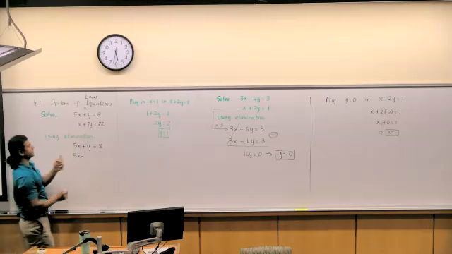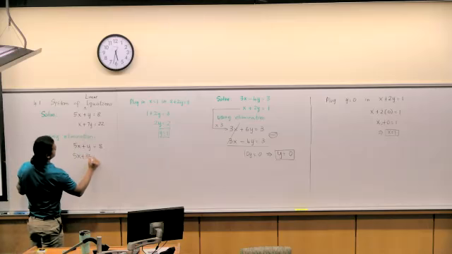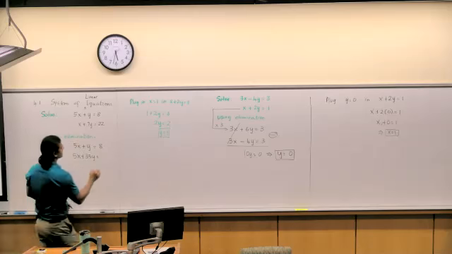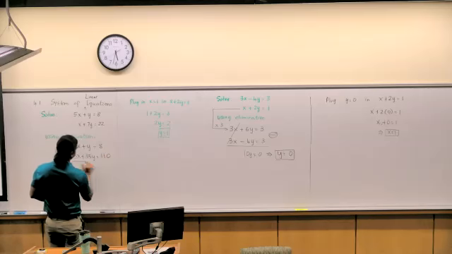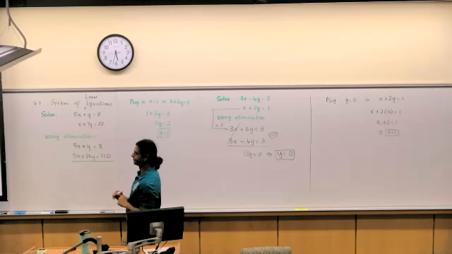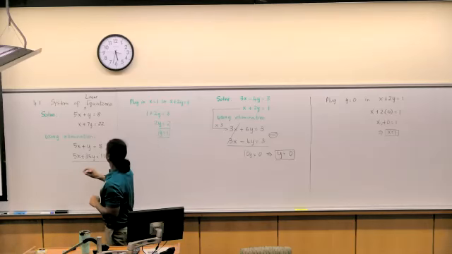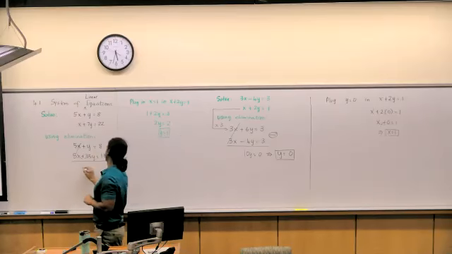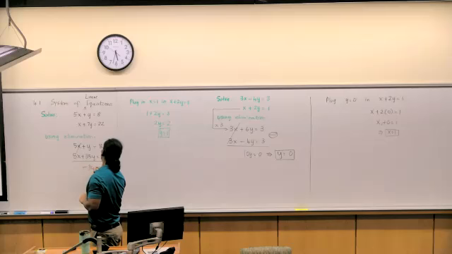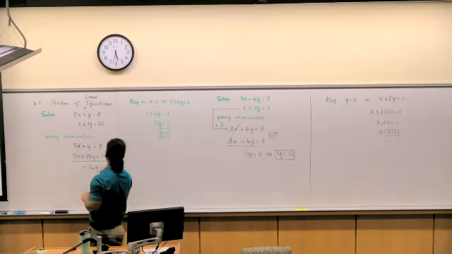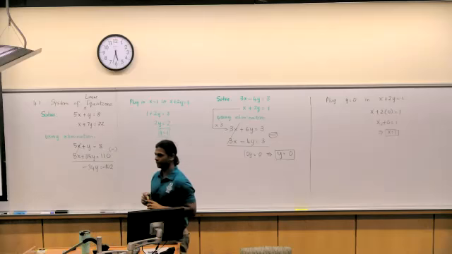Seven times 5, 35y, would equal 22 times 5, that is 110. Good. Subtract: 5x and 5x would go away. You will have negative 34y, and that would equal 8 minus 110, which is negative 102.